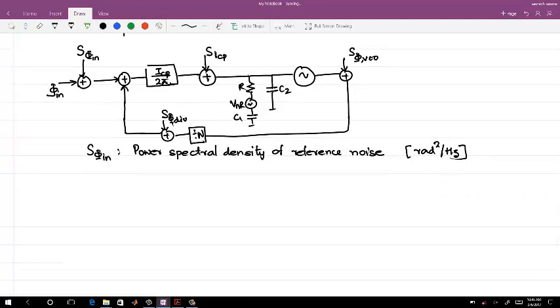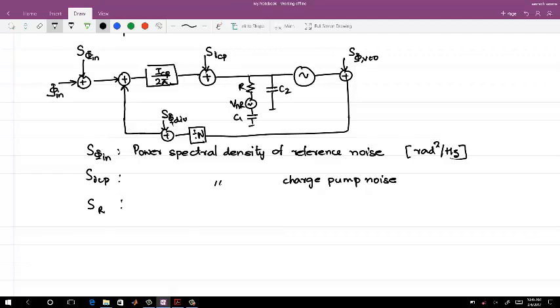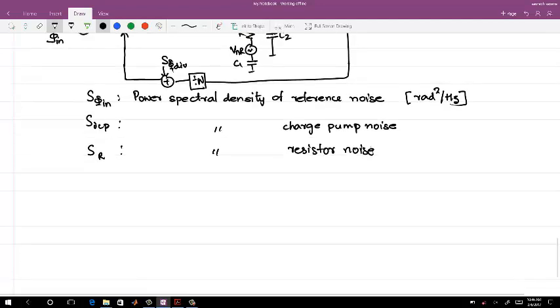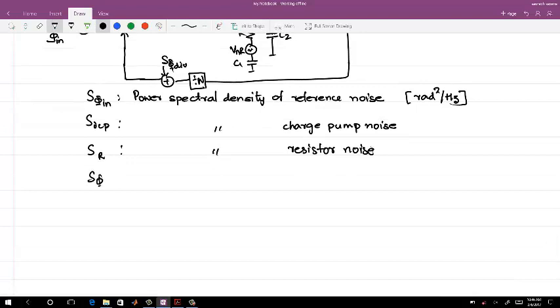So the noise sources which we have identified so far are charge pump reference noise, charge pump noise, power spectral density of charge pump noise, then you have the resistance S of R, resistor noise, S phi of VCO.